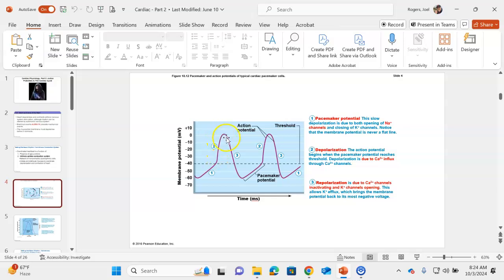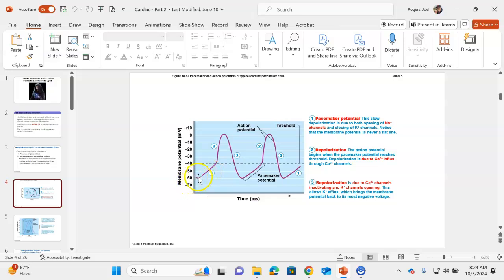And when we repolarize back down to rest, phase three, that is caused by potassium ions leaving the cell. So this pacemaker potential, going from rest to threshold in this autorhythmic SA node cell, is sodium coming in.